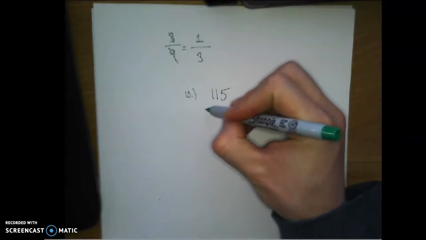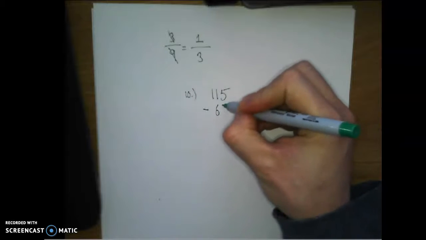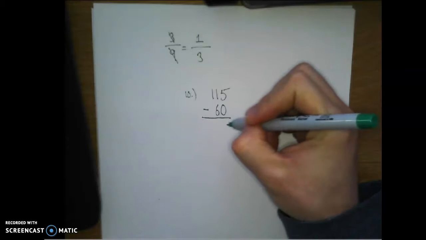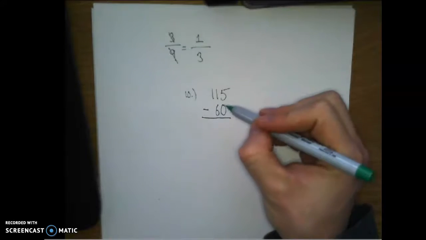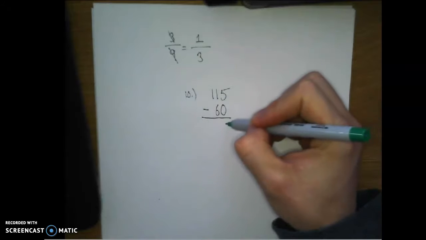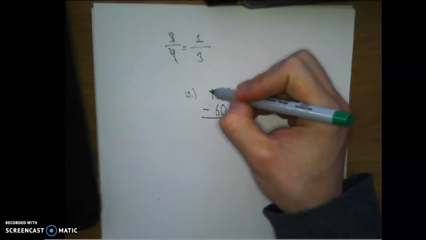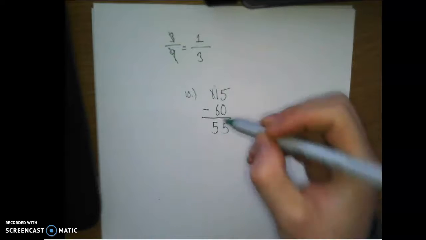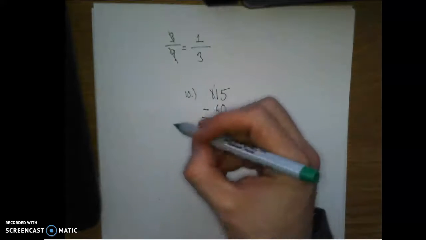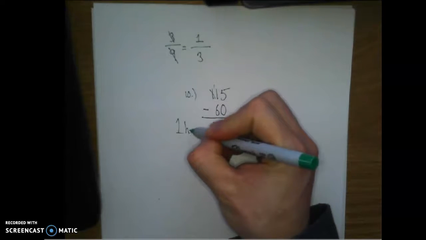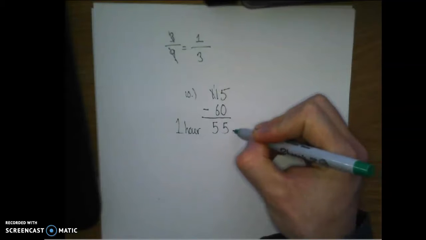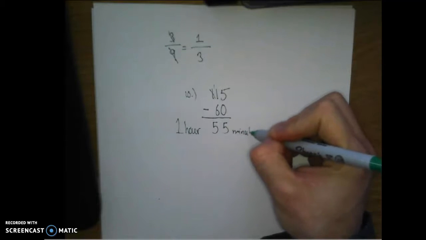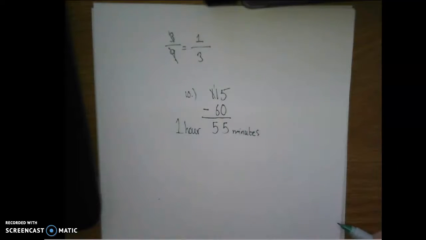Let's take 60 away, because 60 minutes is an hour. 5 take away 0 is 5. 1 take away 6 you can't do, so 11 take away 6 is 5. And 55 is less than 60, so it is 1 hour and 55 minutes. That is your answer there.